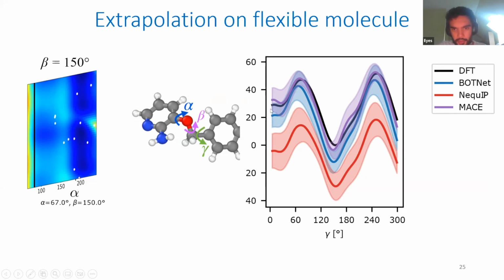We show that even if this 1D cut is very, very far from any training sample, MACE can reproduce the potential surface very well. So it really shows that it has captured, in some sense, the physics to a large extent of this small molecule.